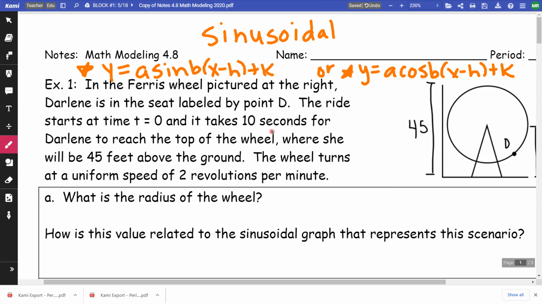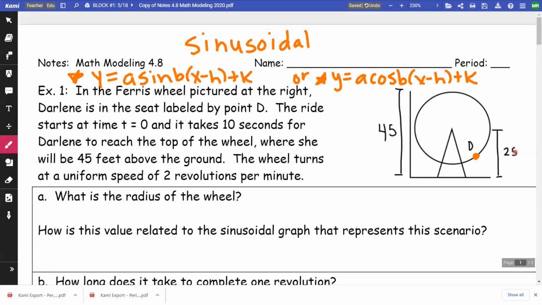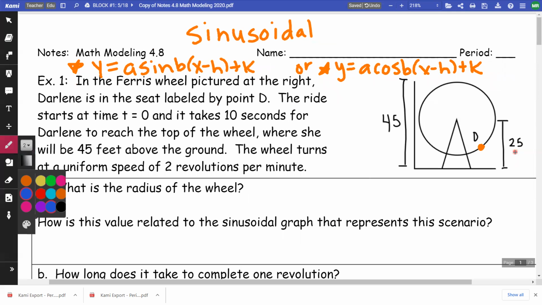So what we're going to be doing in this problem is we have a Ferris wheel pictured at the right. Darlene is sitting in seat D, this point labeled D. We aren't quite sure where she is on the Ferris wheel in terms of height. We know that the entire Ferris wheel reaches the highest point of 45.